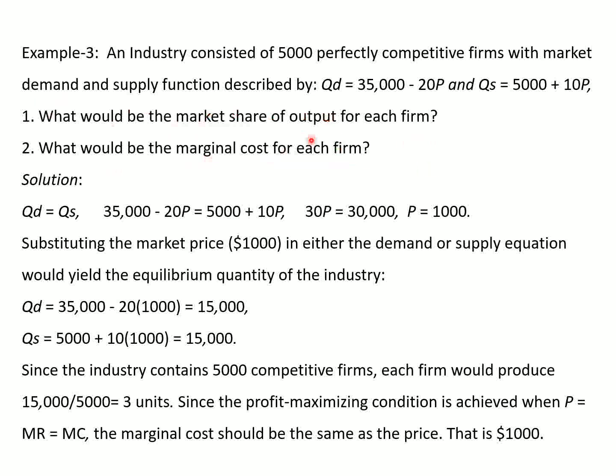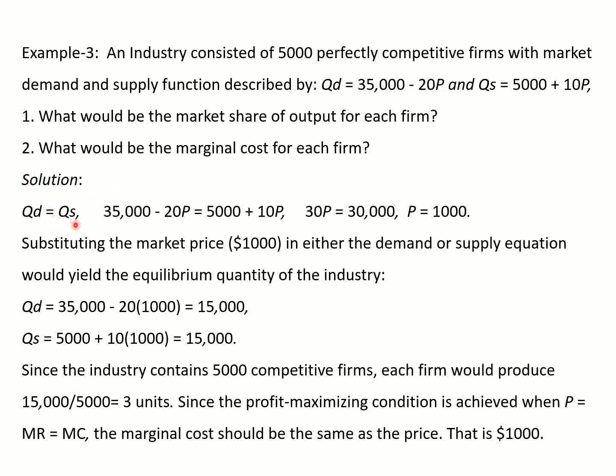First, the quantity demanded and the quantity supplied are given. The price is determined by the market, that is, at the intersection point of the market demand and the market supply.